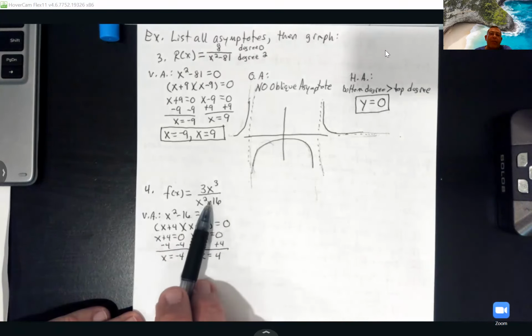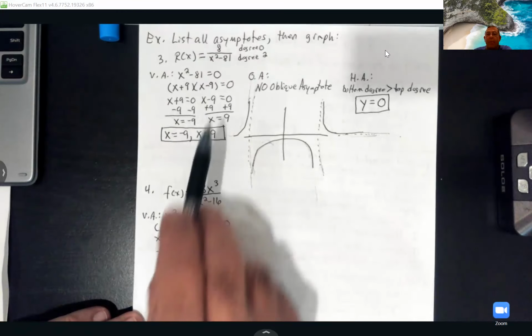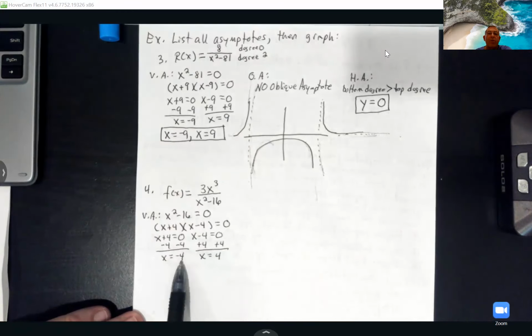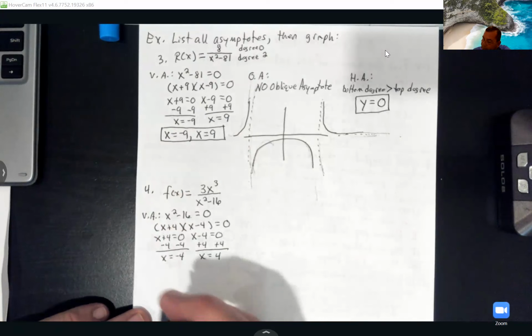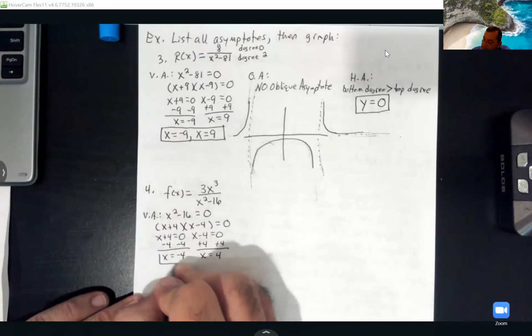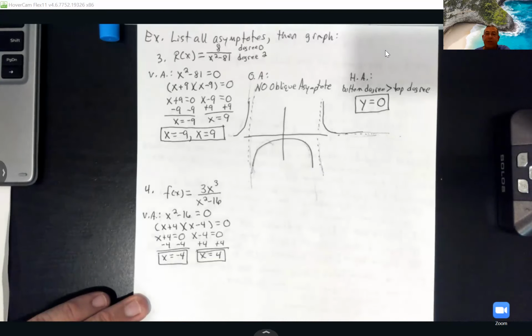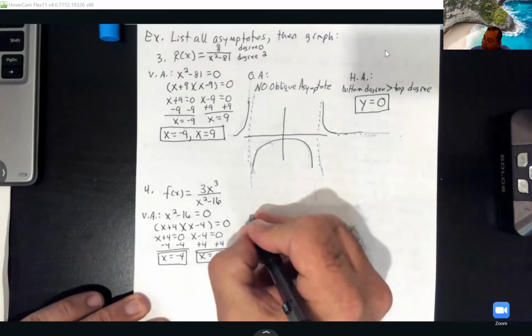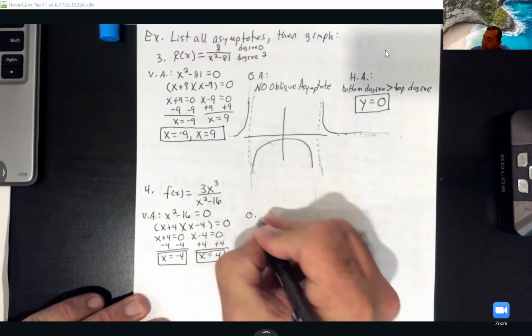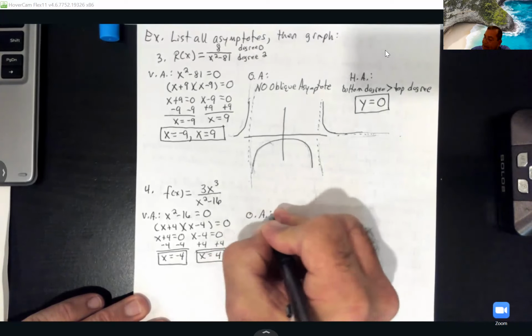Usually if you've got an exponent of 2 in the bottom like these two problems did, you're going to get 2 asymptotes on those, okay? And then remember, keep them looking like an equation.